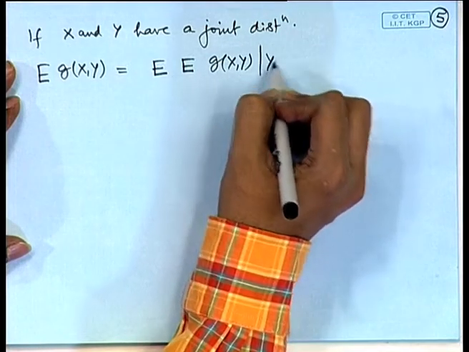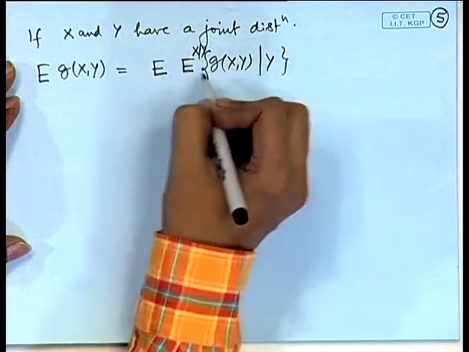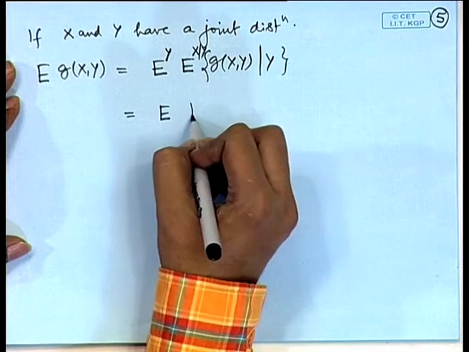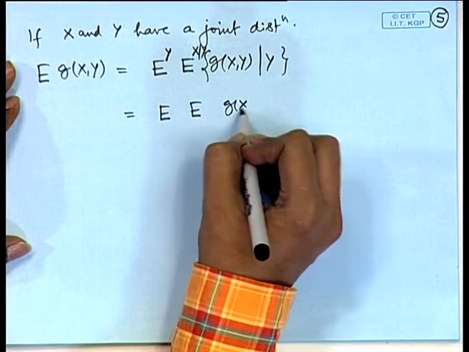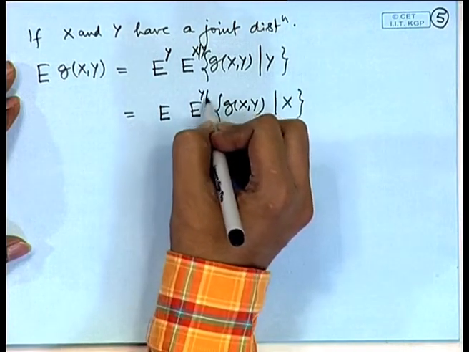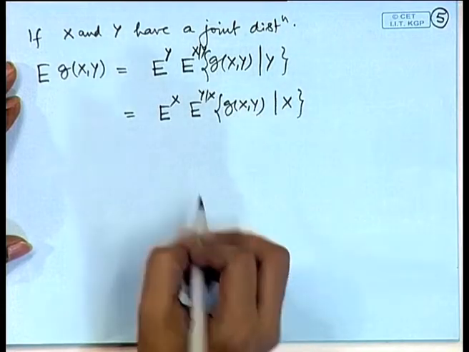We may calculate firstly the conditional expectation and then with respect to the marginal, or alternatively we may consider it as expectation of g x y given x, provided of course the expectations do exist.